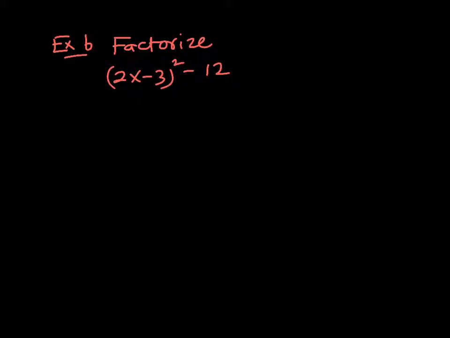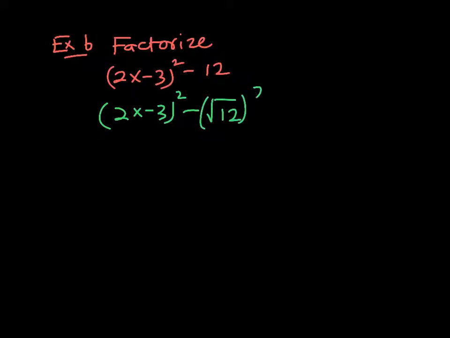Sometimes, instead of having just a single variable term like x or y or z, it could be a composite algebraic term like 2x minus 3, x minus 5, or x plus 5, which is expressed as a square. So the same rule still applies. So therefore here we can write 2x minus 3 squared minus root 12 squared.